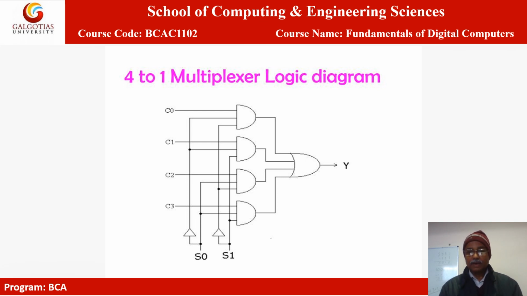C3 is 1, S0 is directly connected, so 1, and S1 is also directly connected, 1. All 3 inputs are 1, so it will pass the information. So when the value of S0 and S1 is 1, 1, only the fourth AND gate will pass the information from C3 to Y.